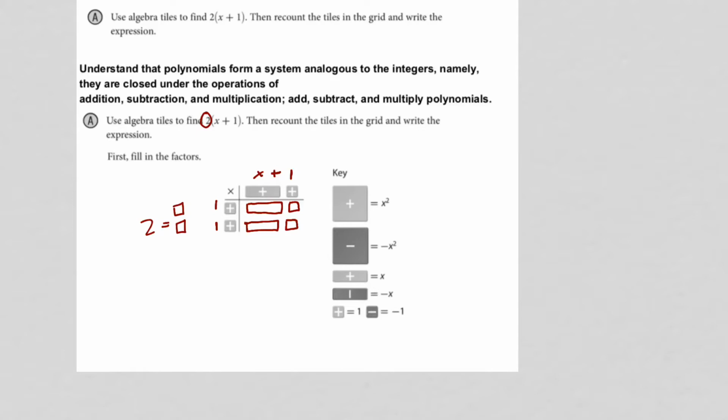So if you add up what's inside this grid, so to speak, that's going to be 2x plus 2. So that's how you can multiply these with algebra tiles. Let's try a few more examples. Probably before you've seen this, I'll try to do some stuff in class as well on another worksheet.